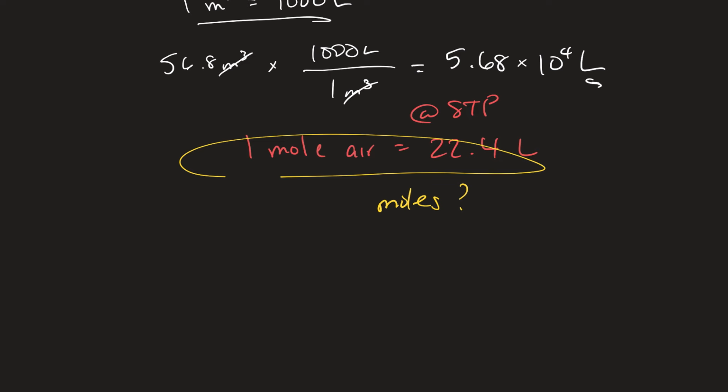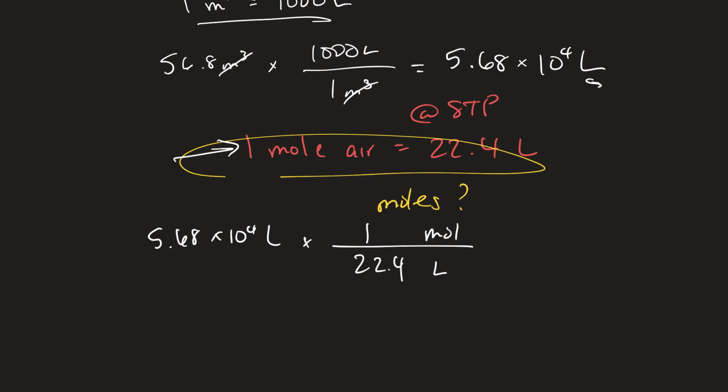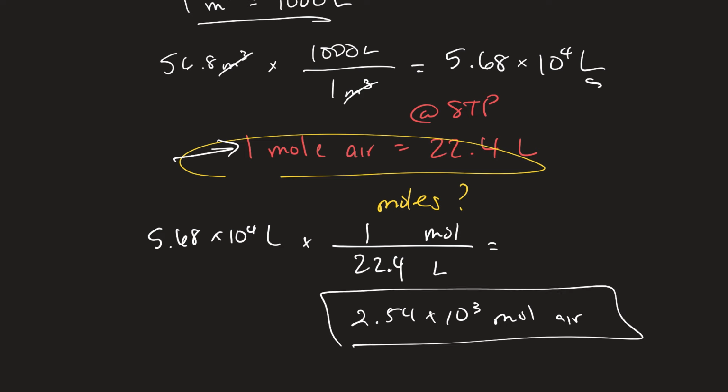So we have 5.68 times 10 to the 4th liters multiplied by, we'll put liters on the bottom, moles on the top. Using this relationship, for every 1 mole of air is 22.4 liters. You put this in the calculator accordingly, and we'll get about 2.54 times 10 to the 3rd moles of air that will occupy this space.